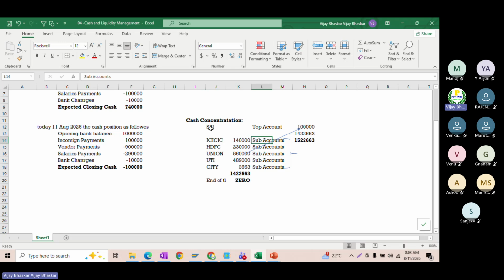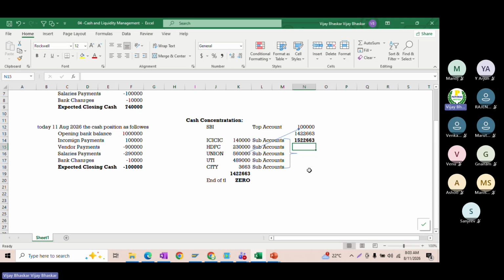There are n number of scenarios in cash concentration, but I'm just explaining an overview. By seeing this, the management will decide whether these funds are sufficient to run the business operations for the upcoming days, or whether they require additional funds.